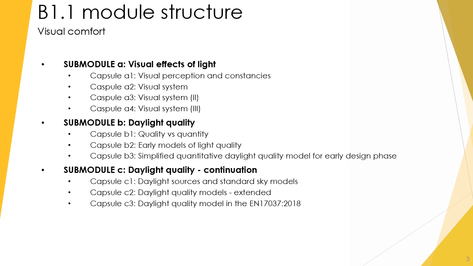Then we will move towards daylighting quality and how to judge quality versus quantity, and there will be a historical overview on early models of daylighting and lighting quality, including the Liljeforce model and more recent models, including some simplified quantitative daylight quality models that tell you what to measure, basically.